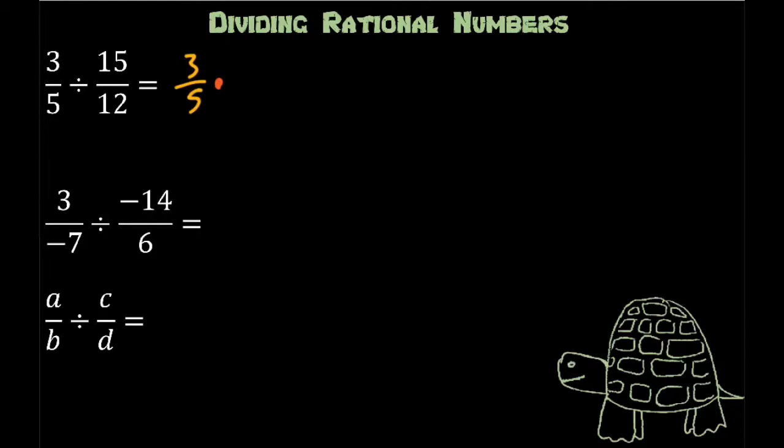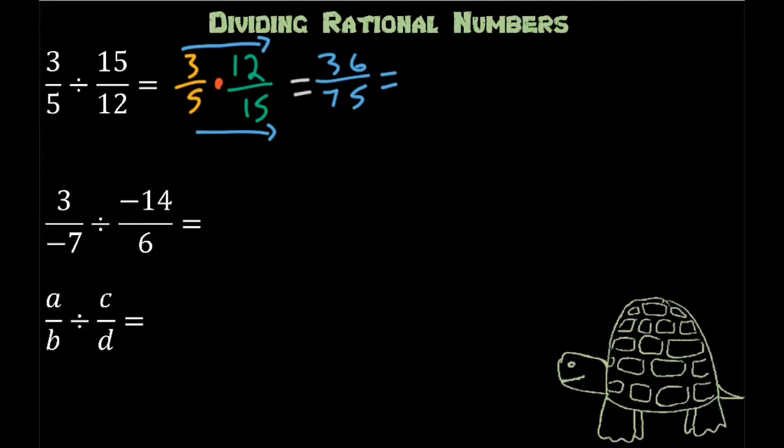So that means that we flip that fraction upside down, and then we multiply across the numerator, which will give us 36, and across the denominator, which will give us 75. And both of those, 36 and 75, are both divisible by 3. 36 divided by 3 is 12. 75 divided by 3 is 25. And that then is written in lowest terms.